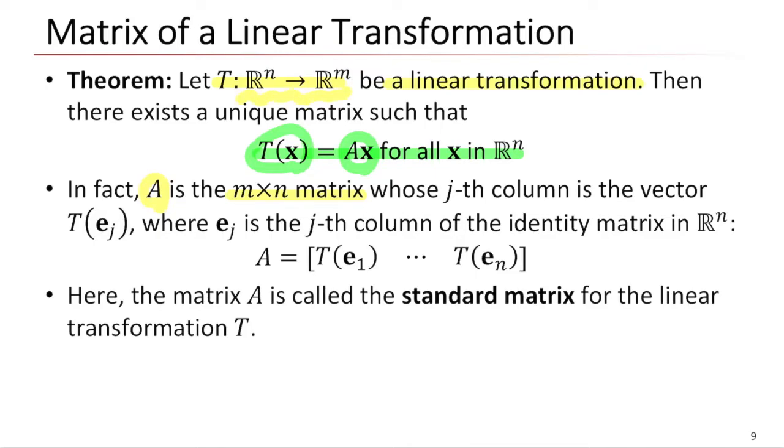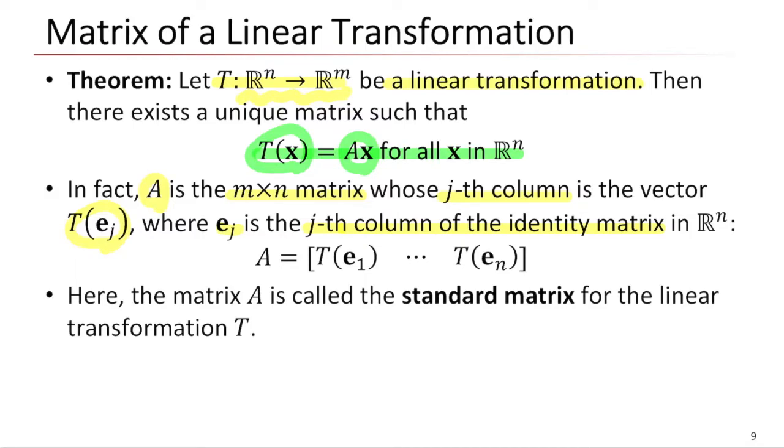Whose jth column is the vector T(ej), where ej is the jth column of the identity matrix, or the elementary vector in Rn space.